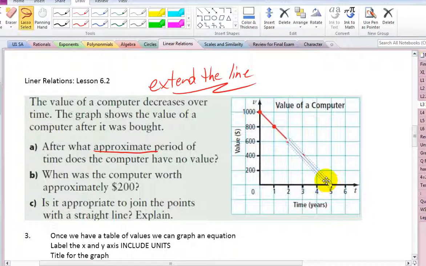When was the computer worth approximately $200? So use your ruler, draw a line over, so you touch your graph, and then down. And I'd say approximately 4 or even 3.9 years. Okay, but most of you are probably going to put 4, and that's fine. It's approximate, right?